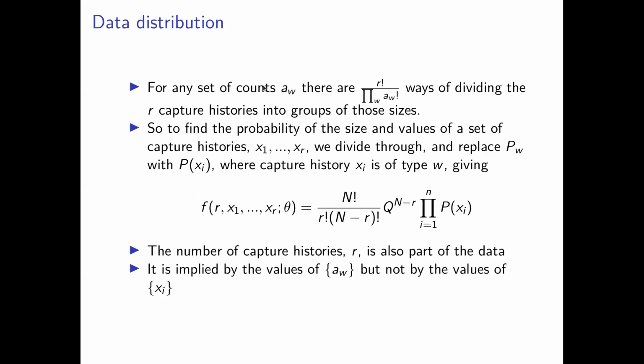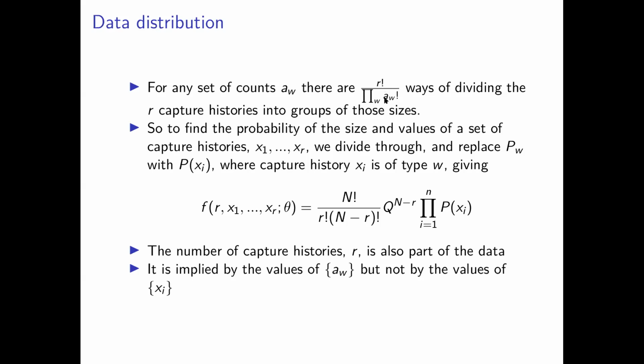So we've been using this set of counts, the number of each capture history, the number observed of each capture history. And if we think about the capture histories themselves, for any set of counts, A sub W, which add up to R, the total number of animals observed, there are R factorial divided by the product of A sub W factorials for all of the different W. That's the number of ways of dividing the R capture histories into groups of those sizes.